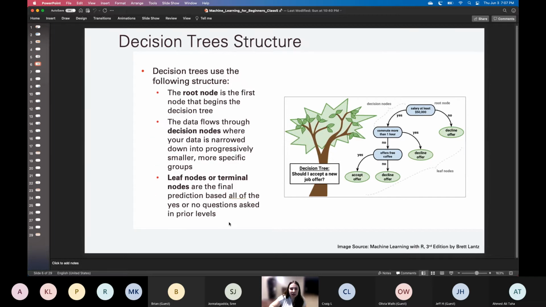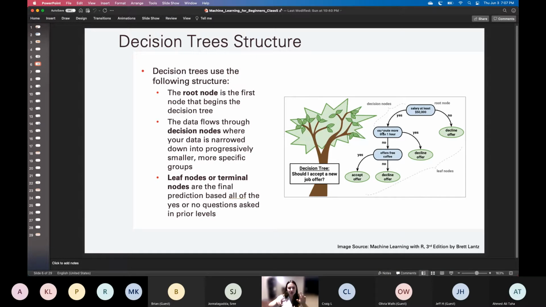All right. So to talk a little bit about the tree structure itself. The very first node at the top is called the root node. So that's where you start on the tree. I often look at these and think of genealogical diagrams. They remind me of those. And then everything after that, until you get to the final bottom group of nodes, are decision nodes.